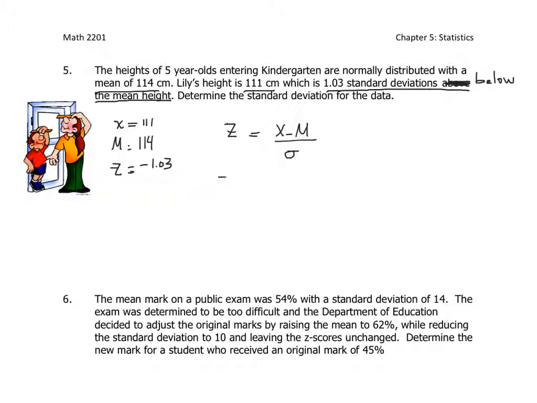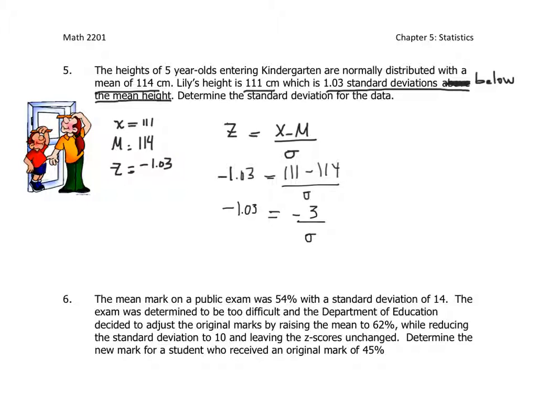So we know the z-score is negative 1.03, the data value is 111 minus 114 for the mean, over the standard deviation we don't know. That's what we're looking for. So to solve this, we've got negative 1.03 equals negative 3 over the standard deviation. It's a pretty sad looking standard deviation symbol, isn't it?